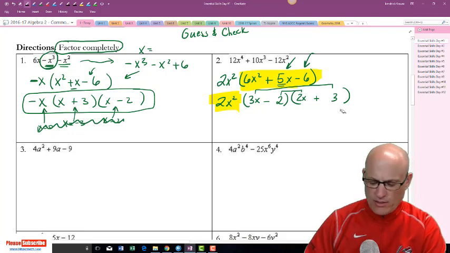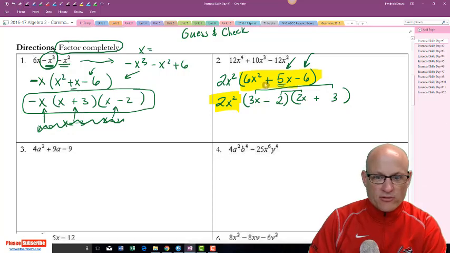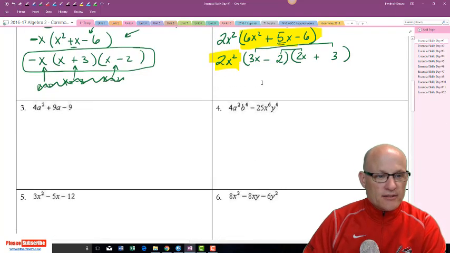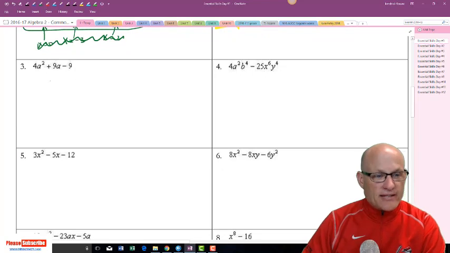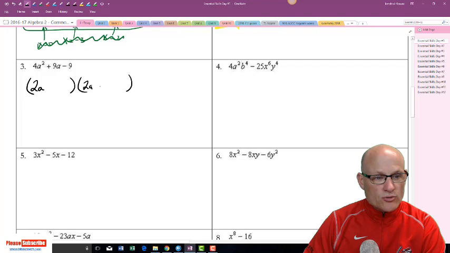I thought I could just move up, but apparently I'm having difficulties. All right. So this one, you'll notice I can't take anything out, but I see a whole bunch of perfect squares. So I'm going to go 2a and 2a. I can't go minus 3 and plus 3 because that's not going to work.